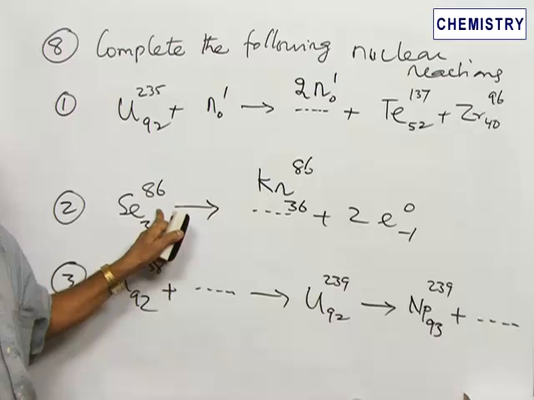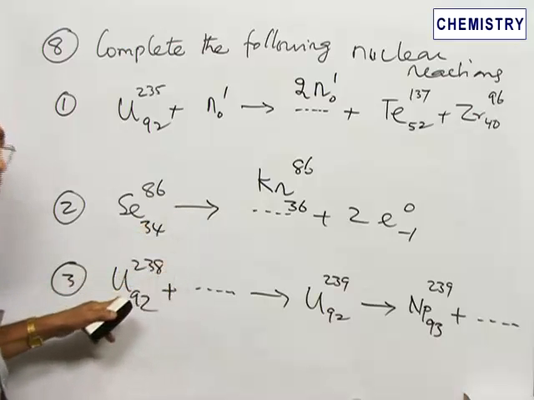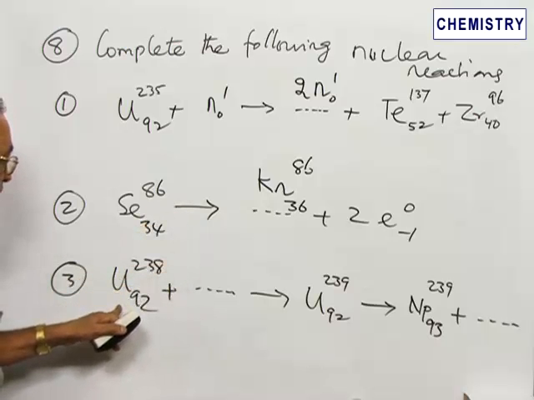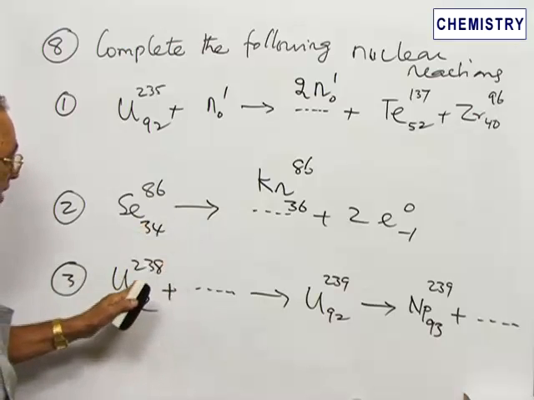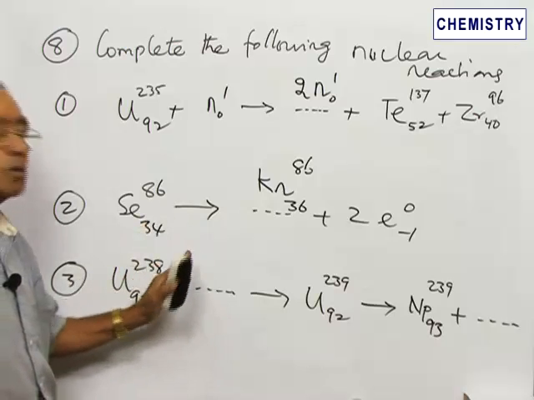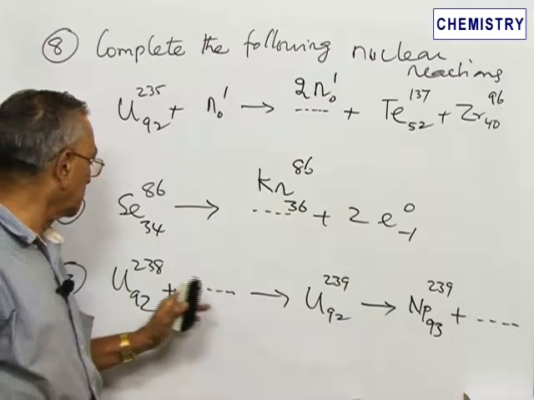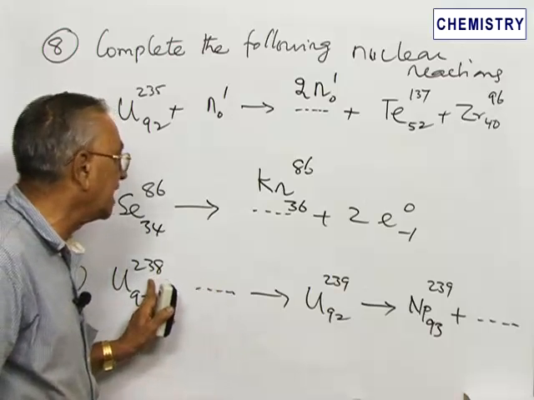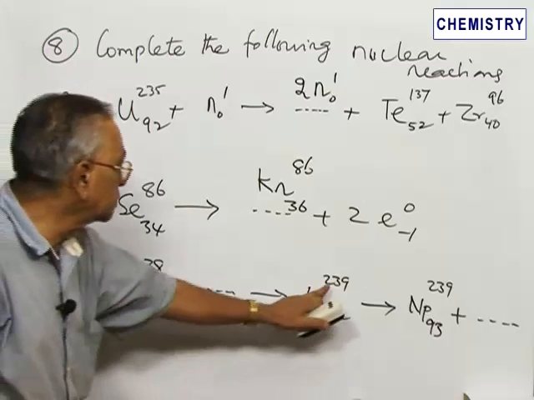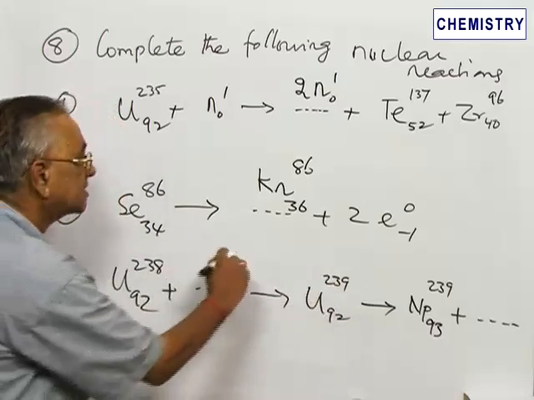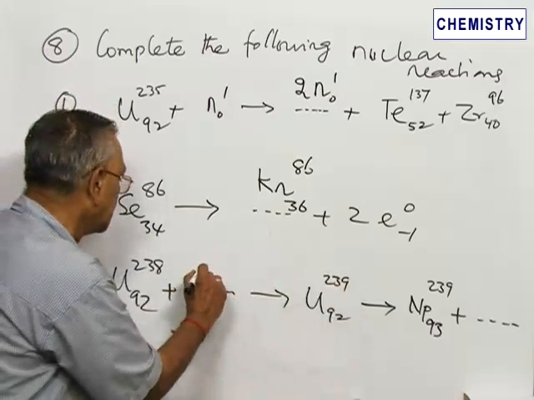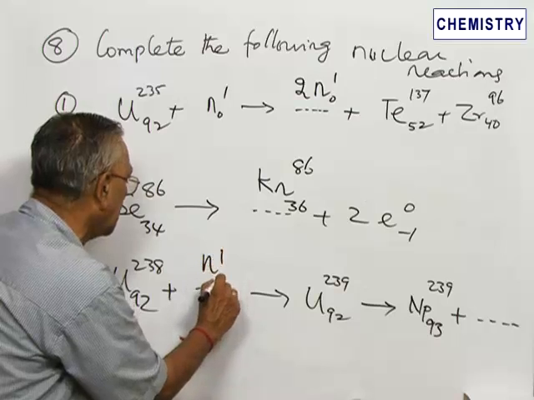Now coming to the third equation, uranium-238 undergoes some nuclear reaction and changes over to 239. Therefore, there is an increase in the mass of 1 unit. So probably it can be 1 neutron.